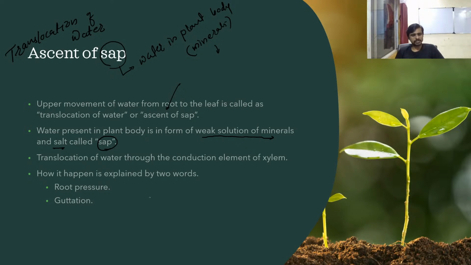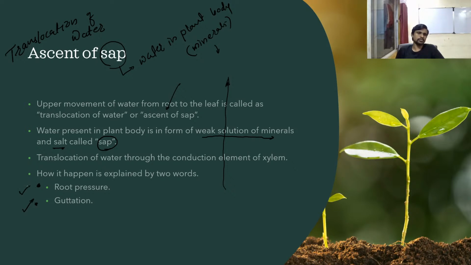If you see the plant tissue lecture, you will definitely get an idea about the elements of xylem, and these elements of xylem are involved in the movement of water from one part of a plant to another part. How it happens is explained by two different theories. One is root pressure and second is transpiration pull.